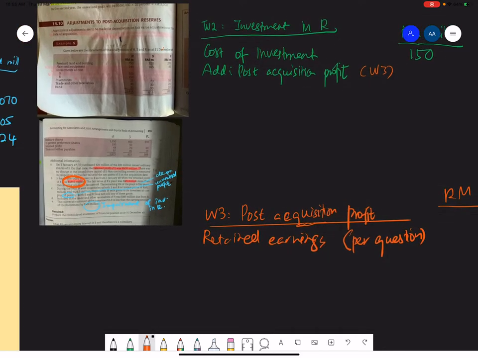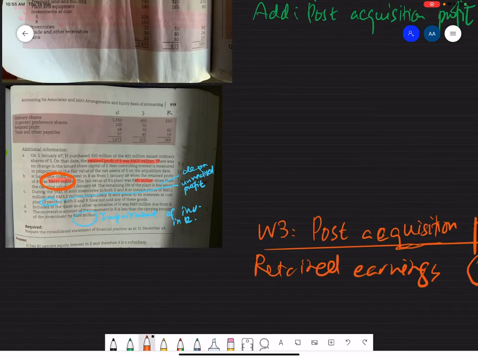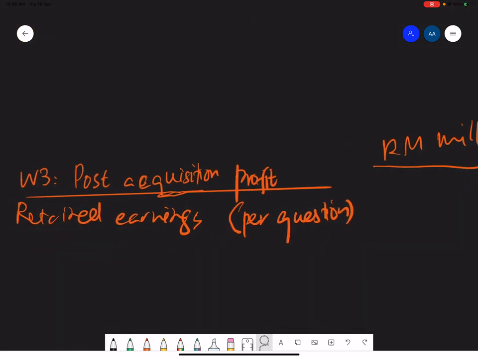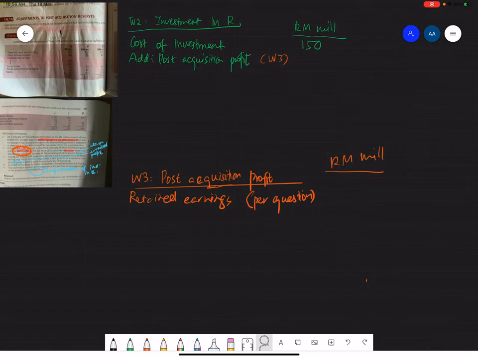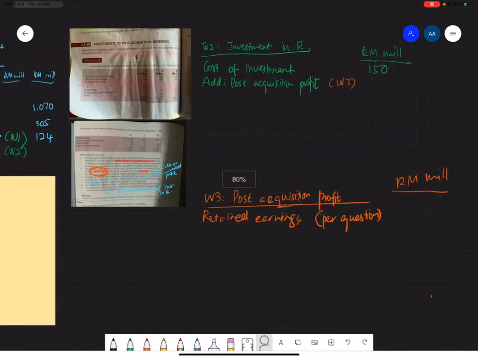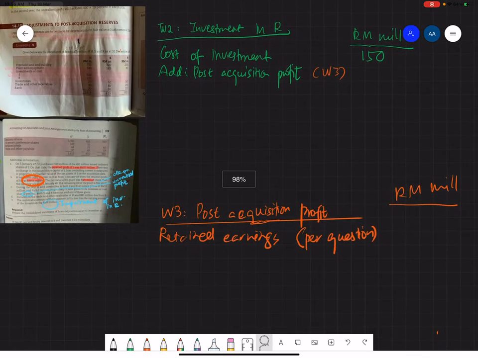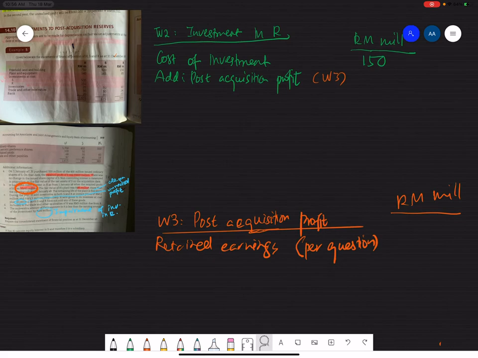So in the question, retained earnings dia berapa? This is actually 60, kan? Okay, so 60. And of course, retained earnings is at 31st December X9. So 60 is actually on 31st December X9.